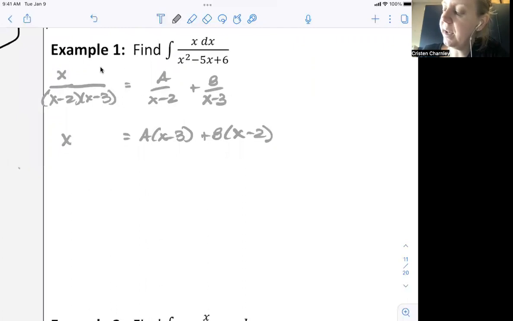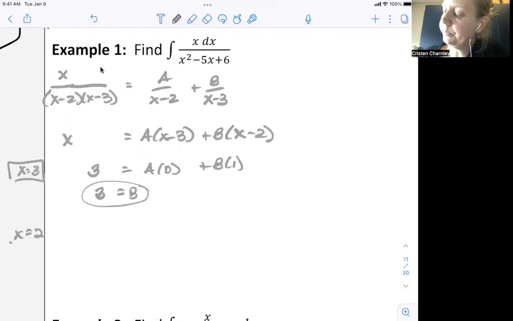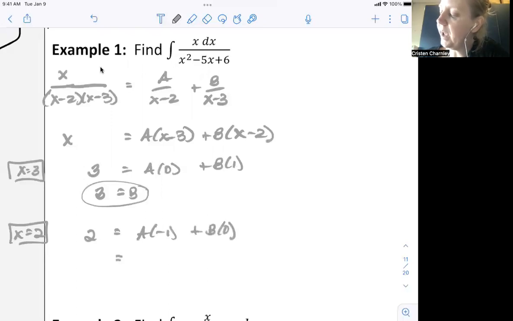I'm going to start with x equals 3. So 3 equals A times 0 plus B times 1. This one's pretty nice. B is equal to 3. Then I'm going to choose x equals 2. So 2 is equal to A times -1 plus B times 0. So A is equal to -2.